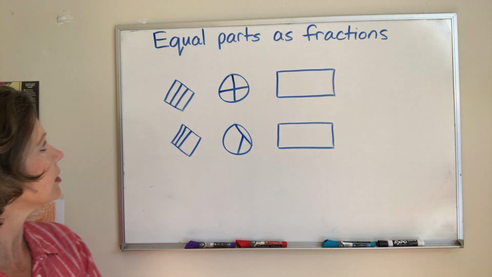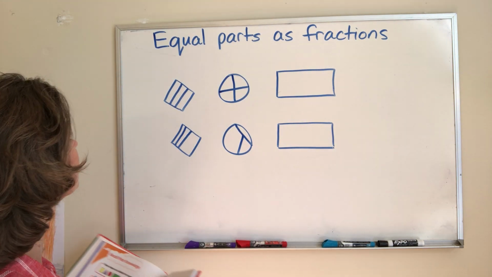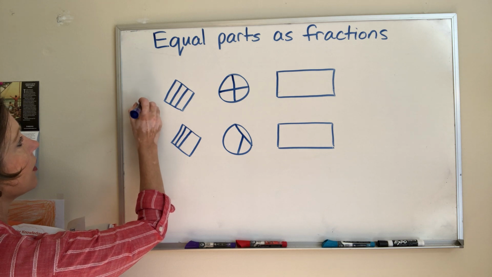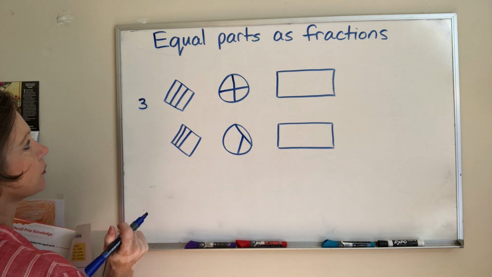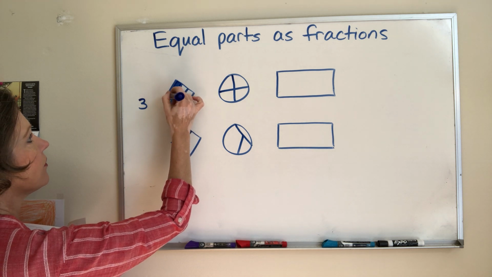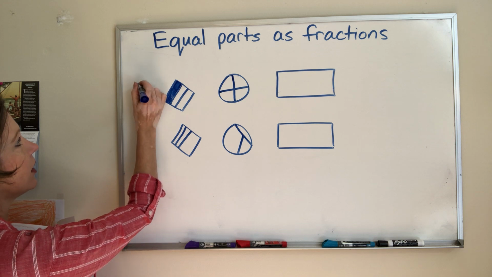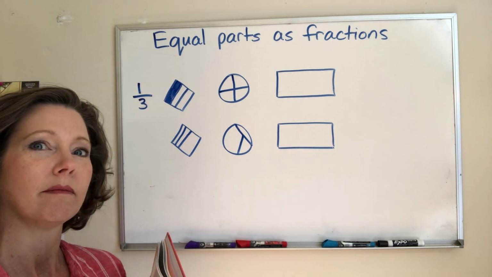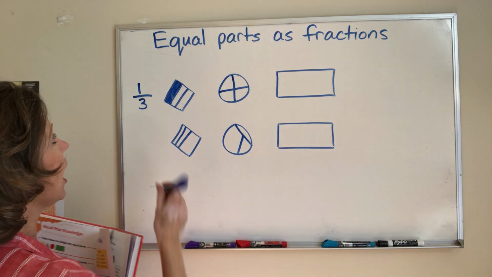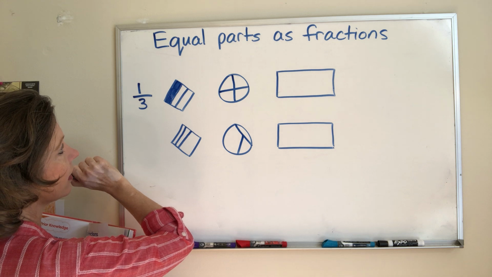How many parts was this one split into? 1, 2, 3 parts. So of all the parts, there are 3. If I were to just color in one of those 3, I have 3 parts and I colored in one of them. I just wrote the fraction 1/3. I colored in 1 out of 3 parts in the whole thing.